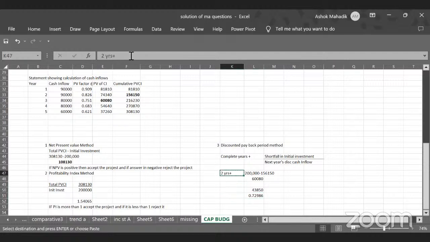That gives 2.72 years, so it will be 2.73 years.